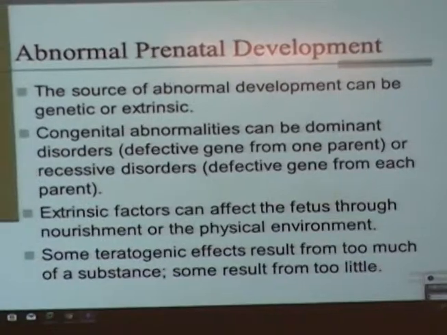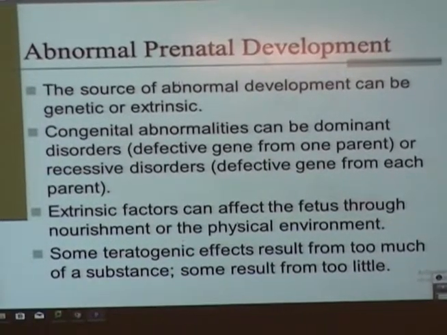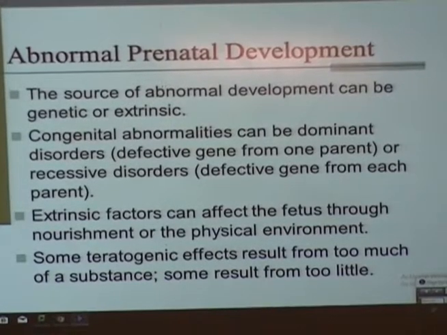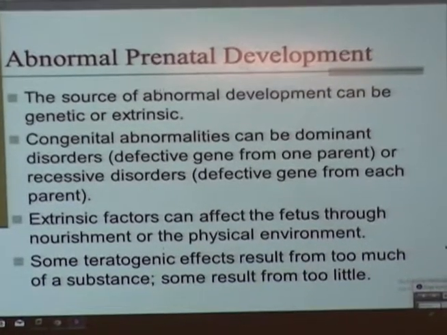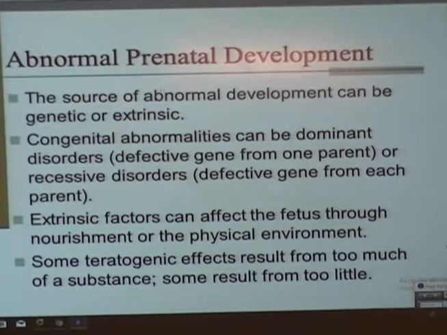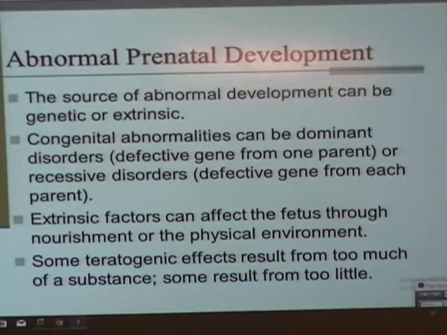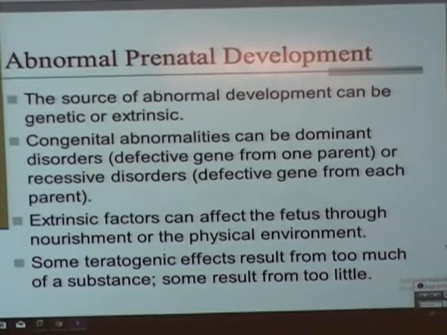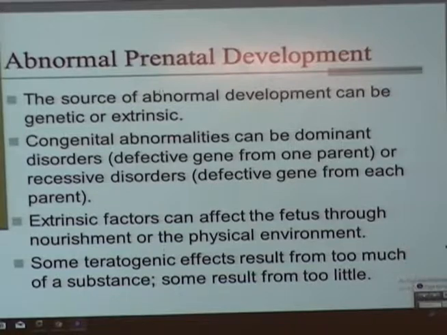Right? So it might be something that was never predictable. Or it can be something that you know is a risk. Okay? Particularly if both parents carry the gene for it. Alright? So effects on growth and development are variable depending on what the problem is.